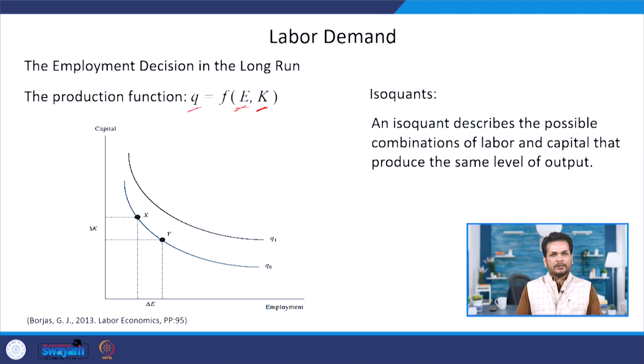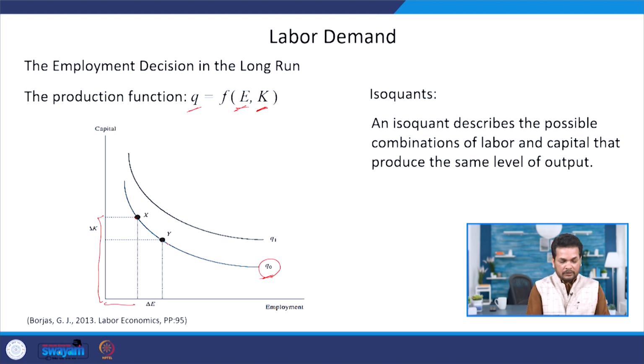If the farm decides to produce Q0 amount of output, the farm has many combinations of labor and capital to produce this level of output. At point x, the farm can employ this much capital and this much labor to produce Q0 output.